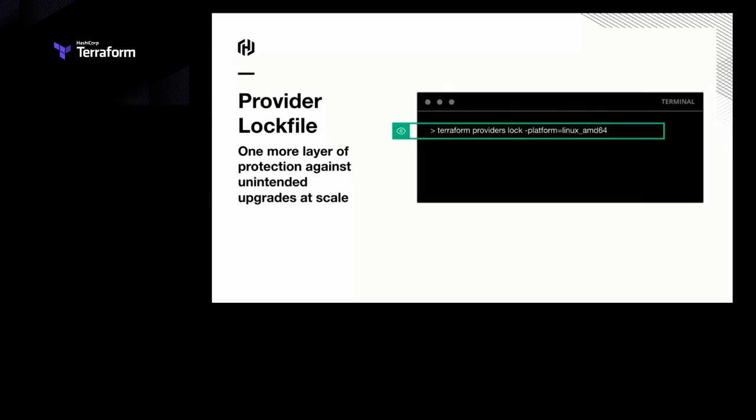Like the Terraform network mirrors, there is an additional command here to help you utilize this at scale. There are cases where, if you are using a custom provider initialization configuration like a network mirror, your lock file may not be populated with all the versions of the provider for all the platforms in use.